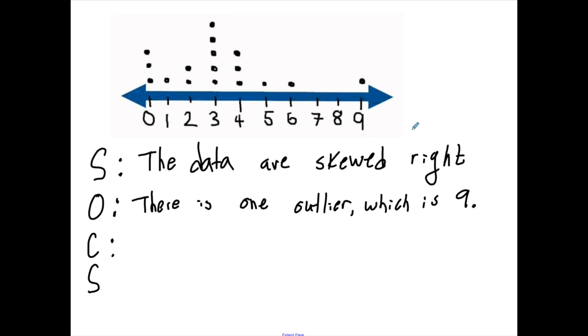When the data are skewed, for the center you're supposed to use the median. The reason is that the median is always the number directly in the middle. The median is always bigger than half of the numbers and smaller than half of the numbers, so it's a good way of thinking about a center or an average. Because the data are skewed, the mean isn't a good measure of the center, so we want to use the median instead.